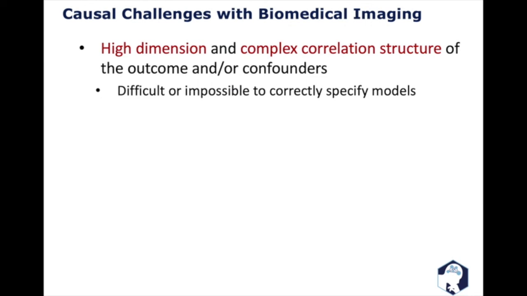And then I want to briefly mention, or wrap this up by mentioning, some challenges with respect to causal inference in biomedical imaging. The first of which is the high dimension and just complexity of the data. So if we're trying to do causal inference and our outcome is an image, it would be probably very difficult, if not impossible, to correctly specify a model for an exposure on a high dimensional image.